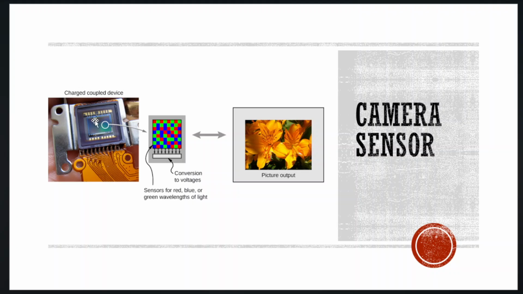All these tiny boxes are the pixels. They will be converted to the required voltage, and then used to transmit this type of output.